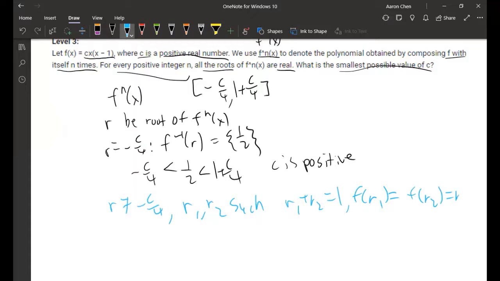And so what this means is that all roots of f to the power of n of x are in pairs, and the sum of each of these pairs adds up to 1.